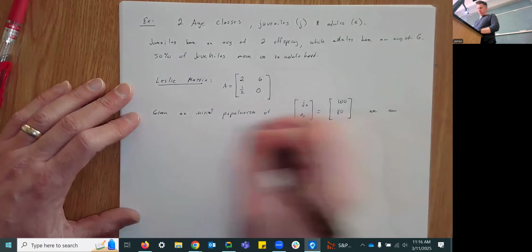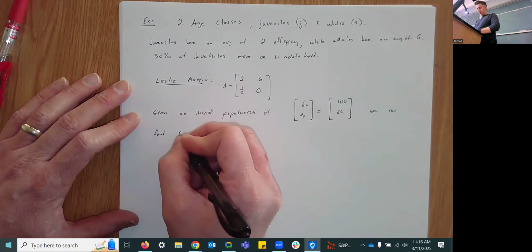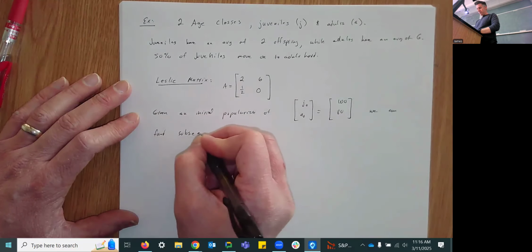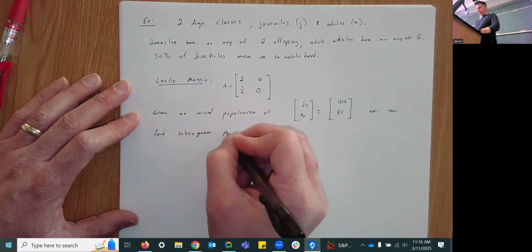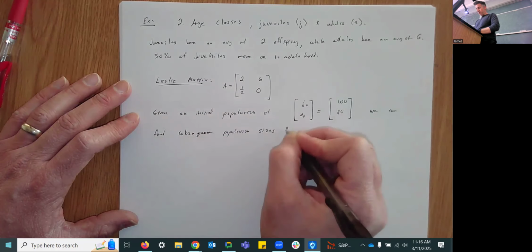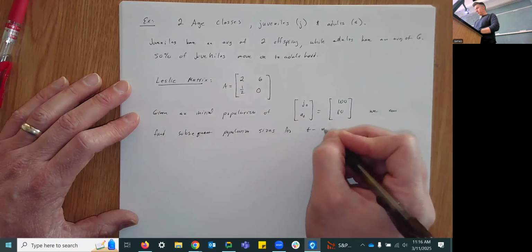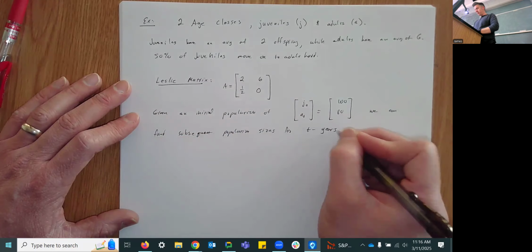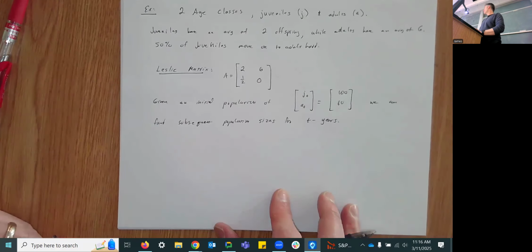We can find subsequent populations. For T, we'll say years. I'm not really concerned about what the time interval is.